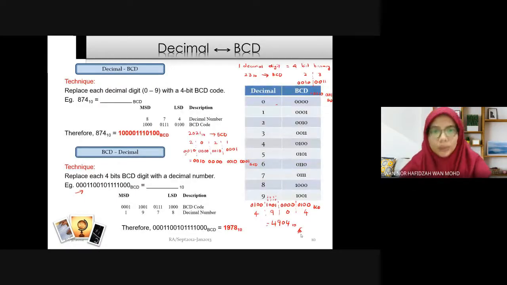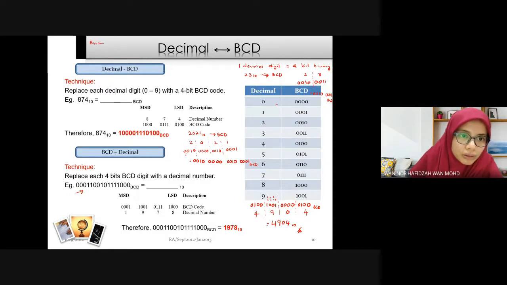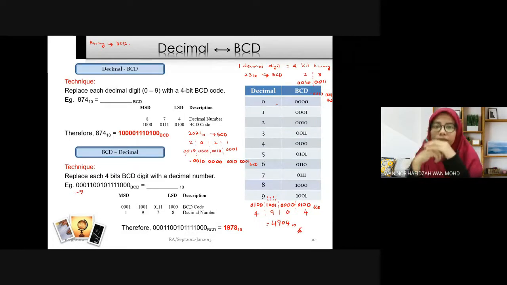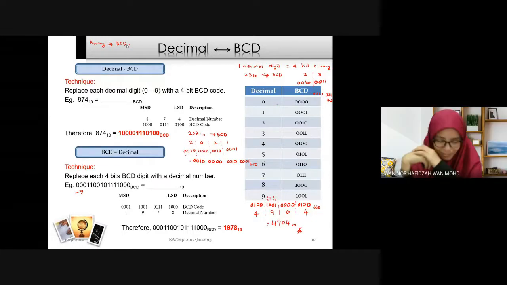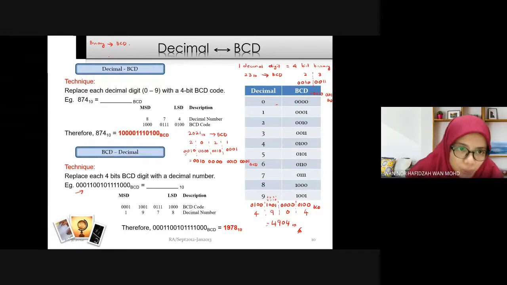Now, if we have one question that asks you to convert from binary into BCD, how to do it? I need to convert to decimal first. So you need to convert into decimal and from decimal into BCD.